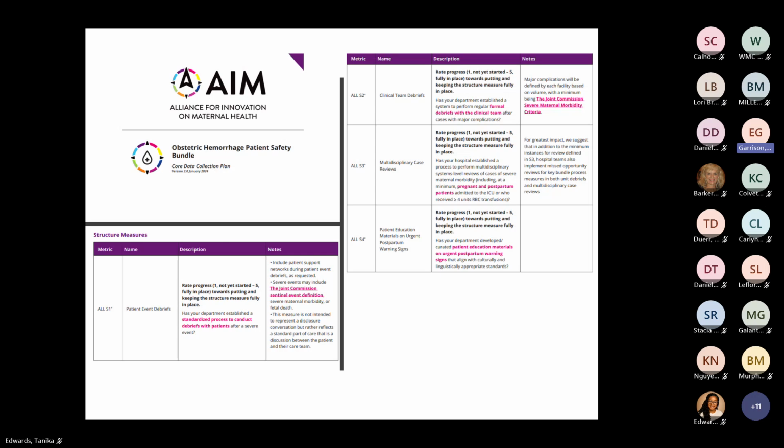So often with the multidisciplinary case review, you can review the chart, but having that just-in-time debrief provides that secondary team with additional information that can be key that may not be included in the chart.